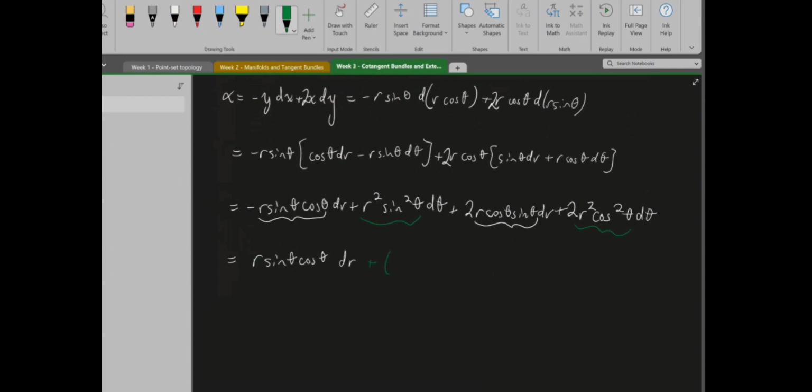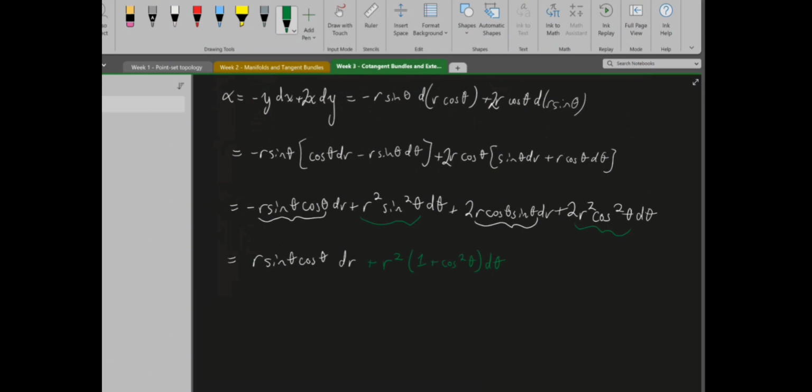So you get plus r squared times 1 plus cosine squared theta d theta. Okay. So that's what alpha is for us.